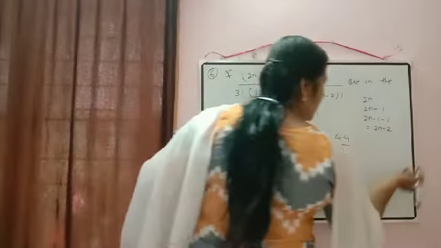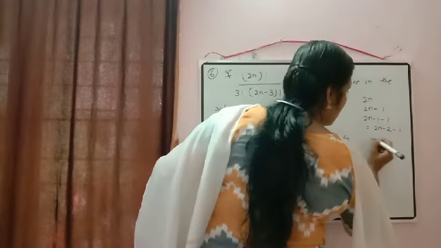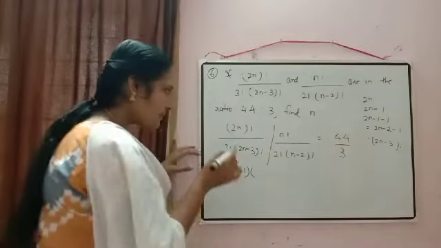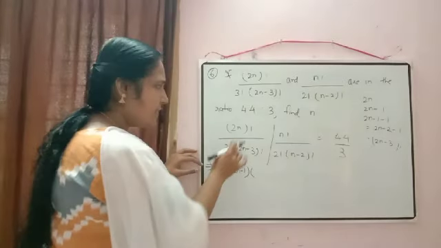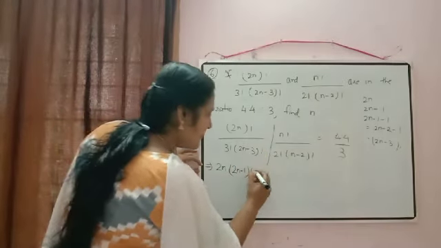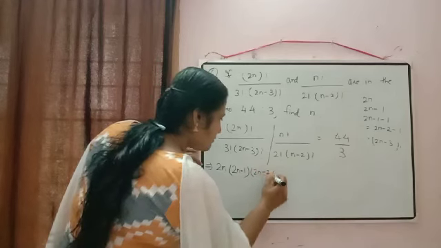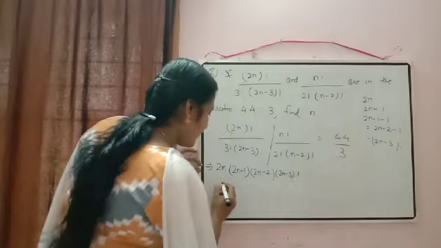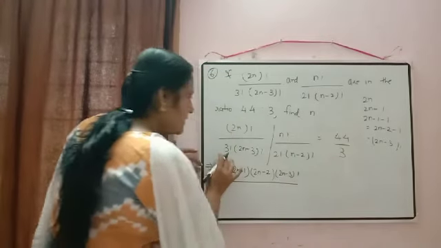So again what will we do? Subtract 1. Then it will be 2n minus 3 factorial. So first we wrote 2n, then 2n minus 1, then 2n minus 2, then 2n minus 3 factorial by 3 factorial.